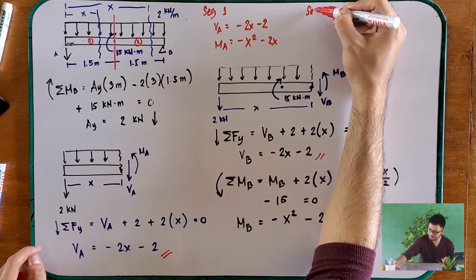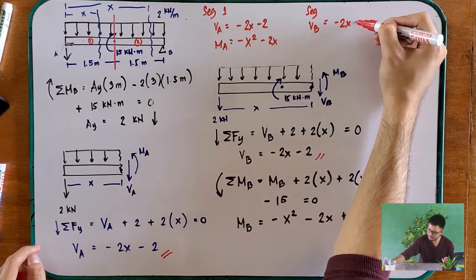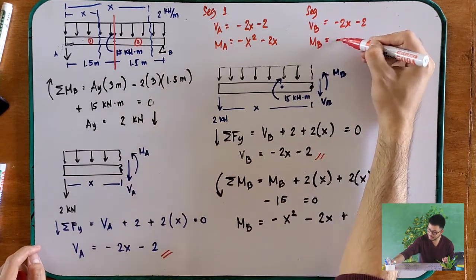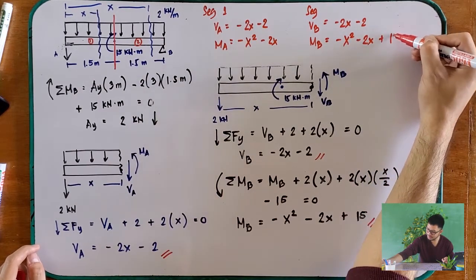In segment 2, your VB is equal to negative 2x minus 2, and your MB is equal to negative x squared minus 2x plus 15. This is easy because there are only two segments. But again, the number of segments determines the number of shear and moment equations you must create. So in this case, since there are only two, we have to create 2 pairs.